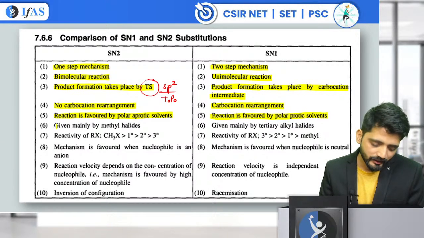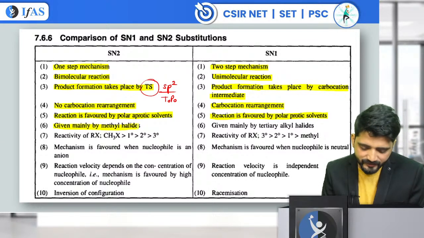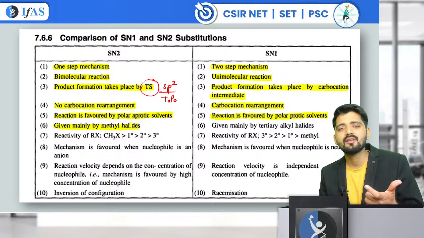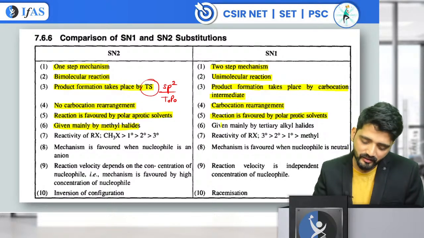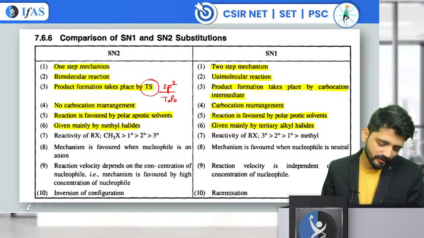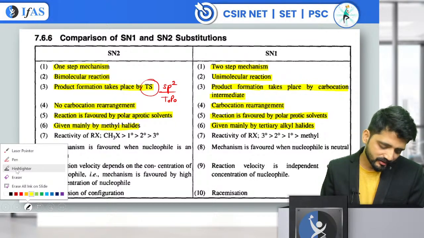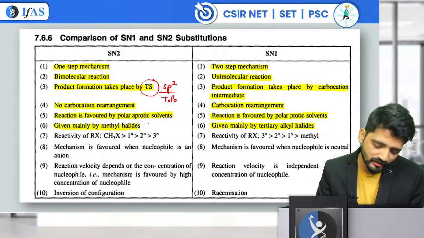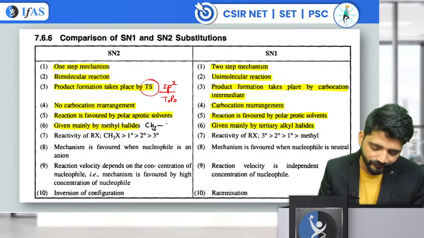Moving ahead, the SN2 reaction is given mainly by methyl halides, they are saying that methyl halides generally go at a faster rate, while SN1 is mainly given by tertiary alkyl halides. What they are trying to say is the fastest rate for an SN2 reaction is for CH3X, a methyl halide.